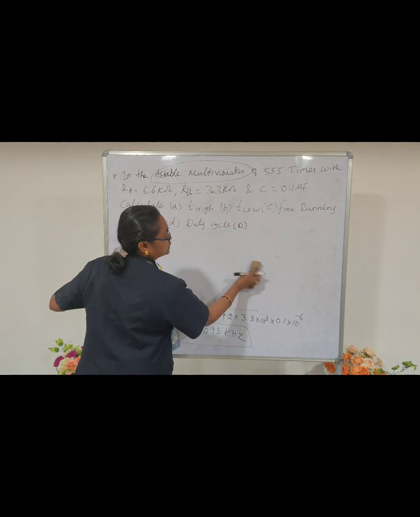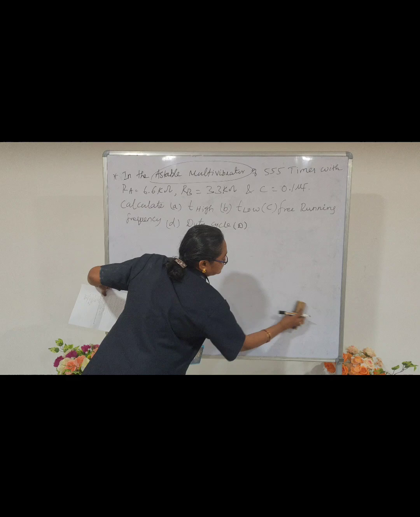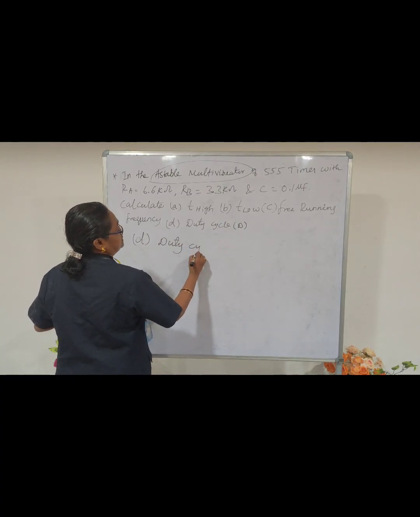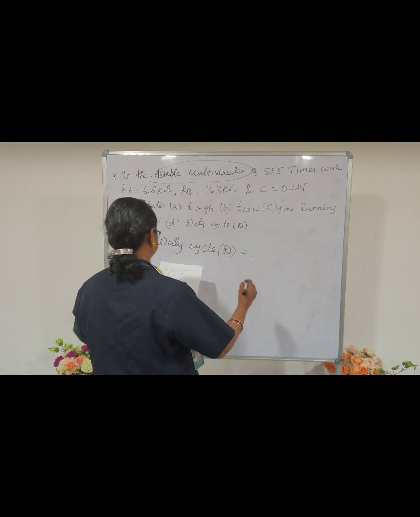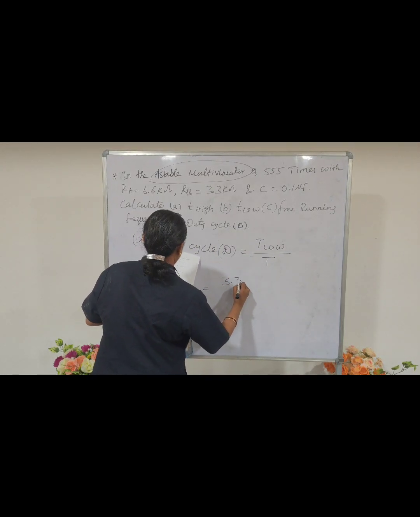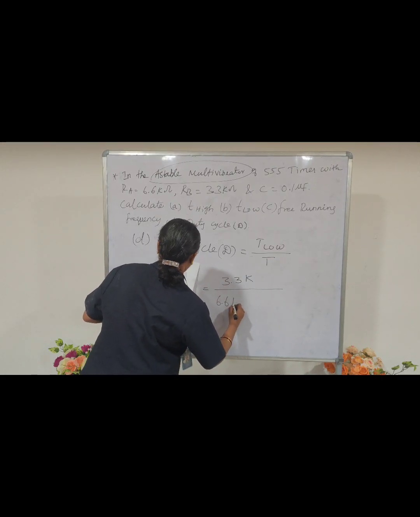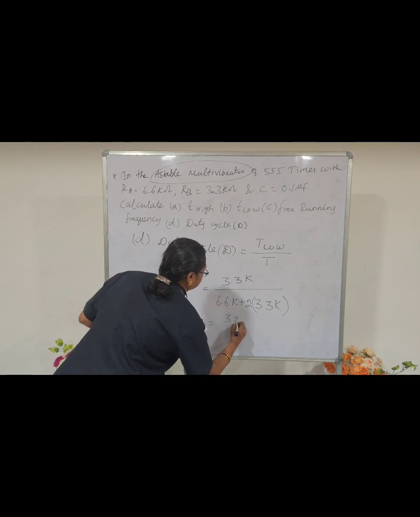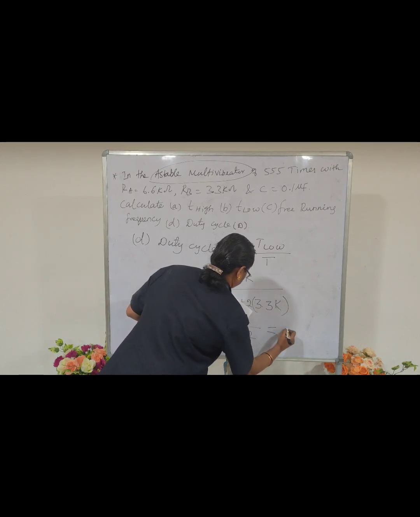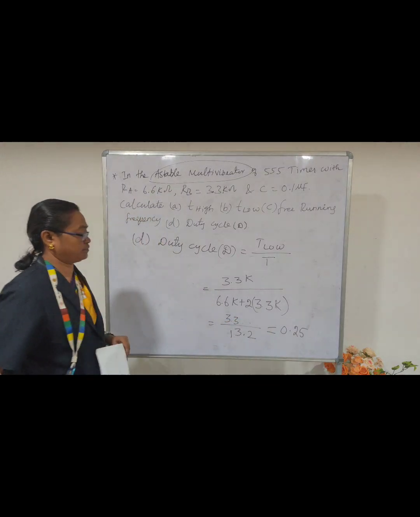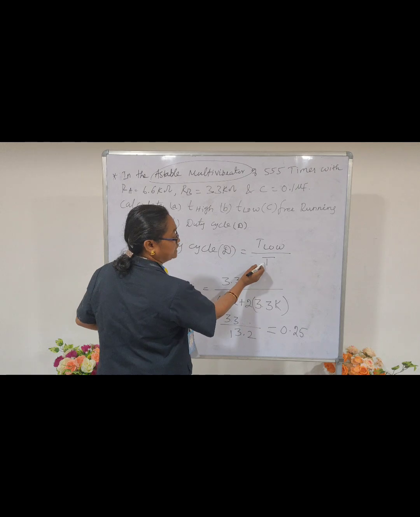The last one, you have to calculate duty cycle D. Write the formula for D. Duty cycle D equal to T low divided by capital T. T low divided by T value.